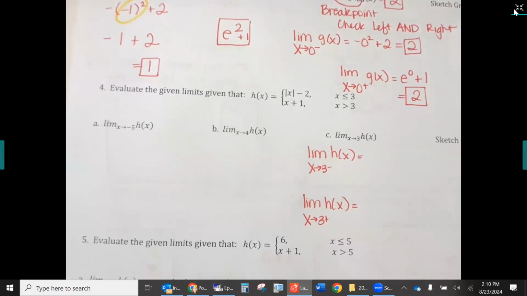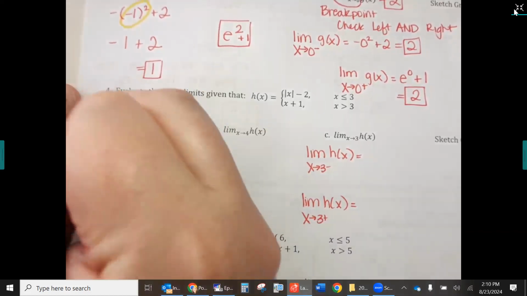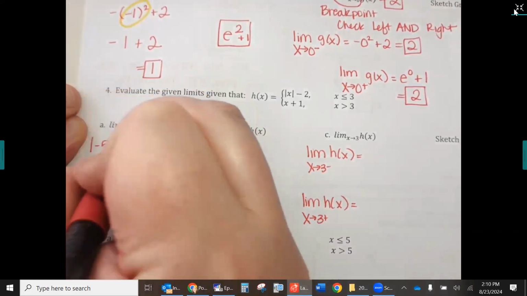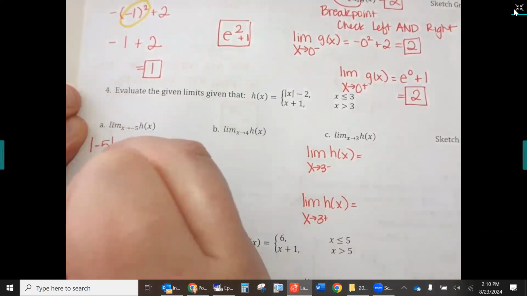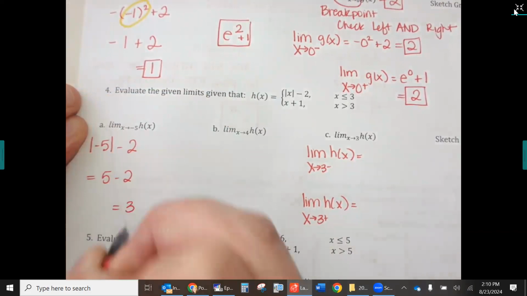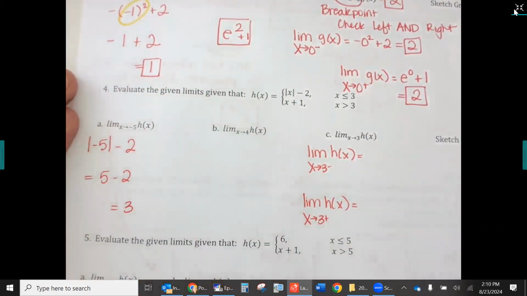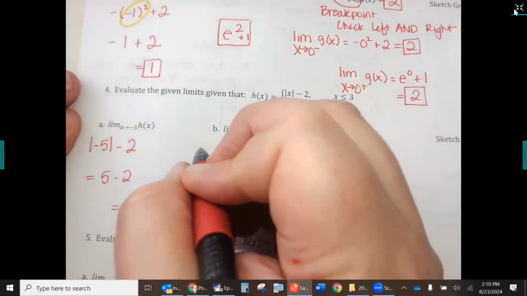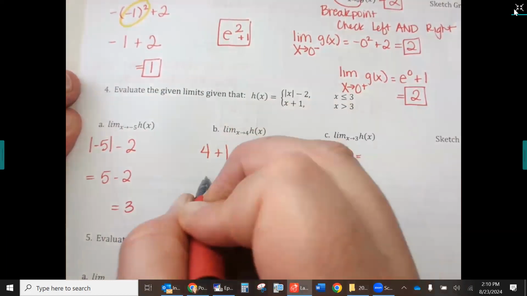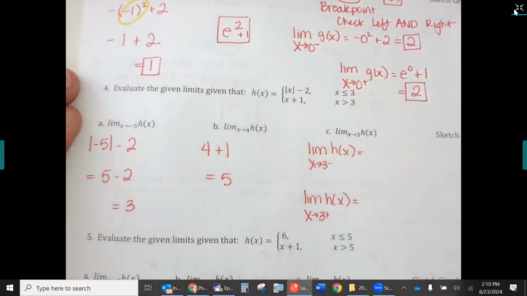Also, the bars, the absolute value, y'all know that just turns whatever's inside them positive. So for this one, if it was absolute value of -5 minus 2, that would go to 5 minus 2, which is 3 for your first answer. And then 4 plus 1 would be 5.